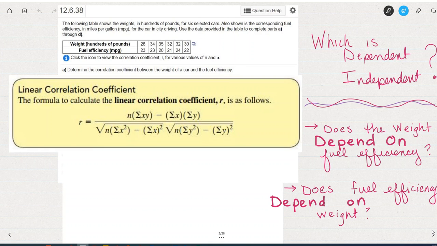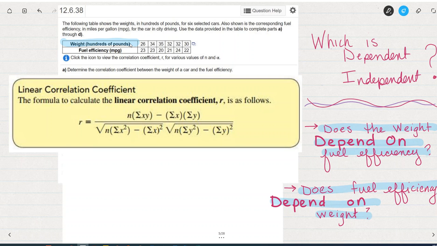Let's talk a little bit more about which of our variables is x and which is y. To do that, we're trying to determine which is the dependent variable and which is the independent variable. We could ask this question: does the weight depend on fuel efficiency, or does the fuel efficiency depend on weight? What do we start with first? That's the weight. The weight is what we started with.